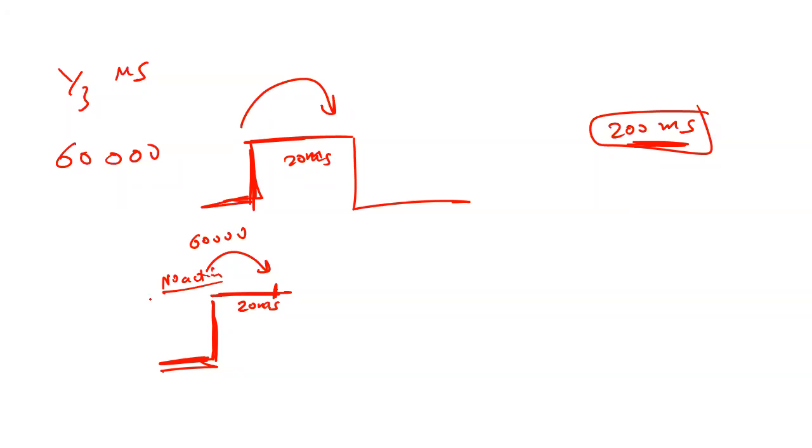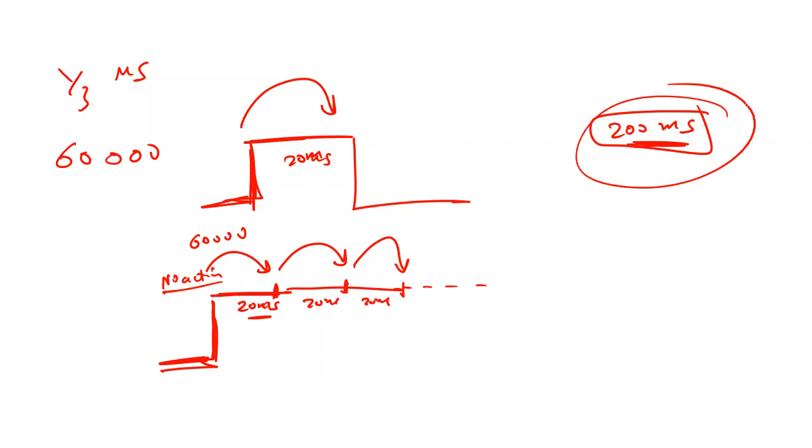So I'm not gonna toggle, I'm gonna keep it, okay? So now I make 20 milliseconds, and then another one, no action, 20 milliseconds, and then another one, no action, 20 milliseconds, until what? Okay, here I need 200.